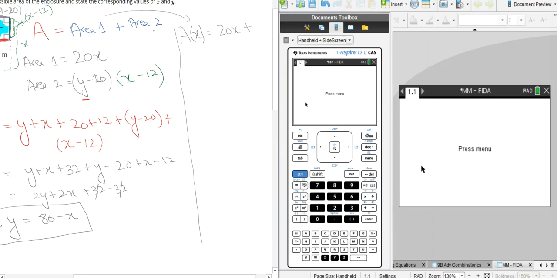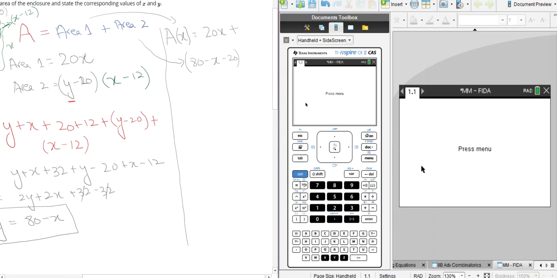Then area 2, which I'm going to write underneath, is going to be, because y is 80 minus x, as we've just found, so I sub in that 80 minus x into the y. Then I will get 80 minus x minus 20, that whole thing times x minus 12.